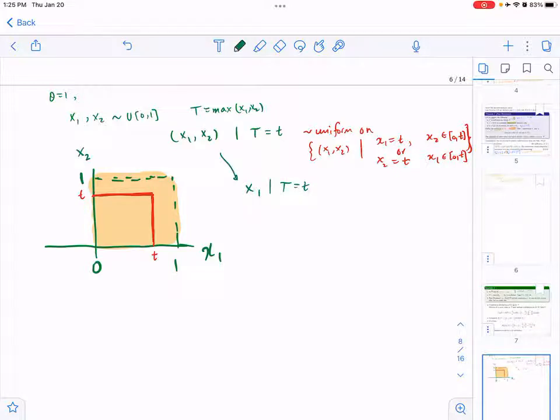How can I get it from this joint distribution? Anyone? Once you have a joint distribution, how do you compute the marginals?